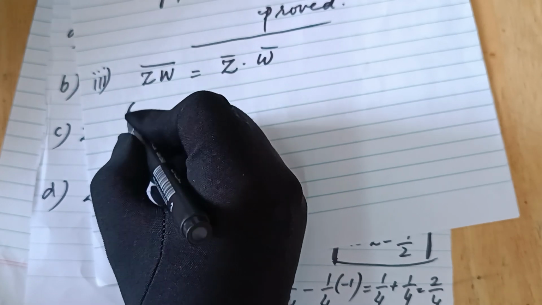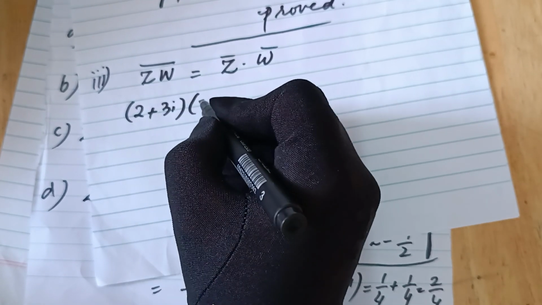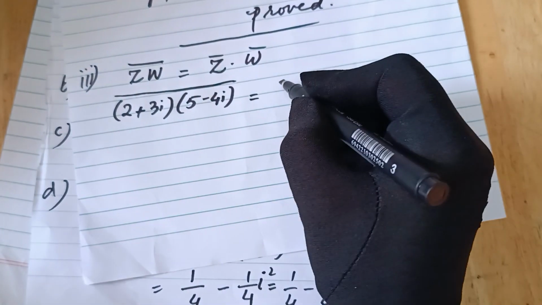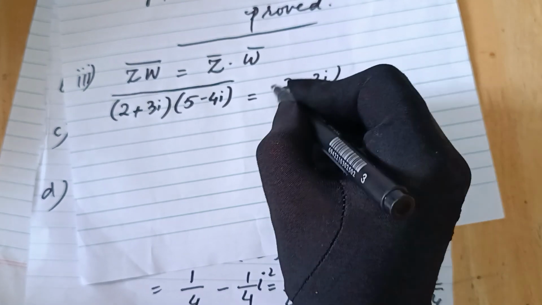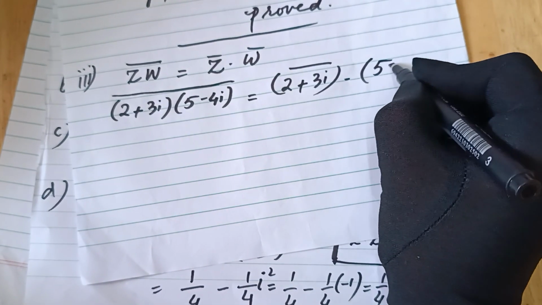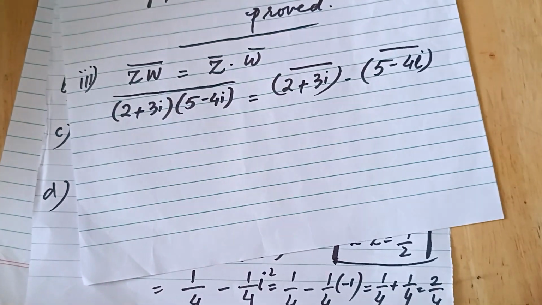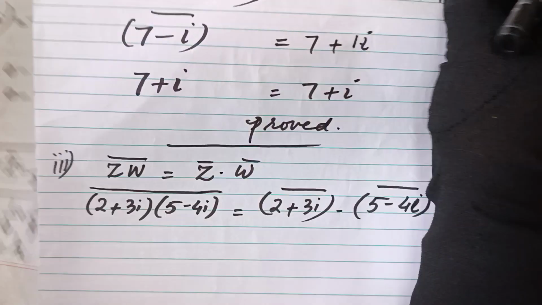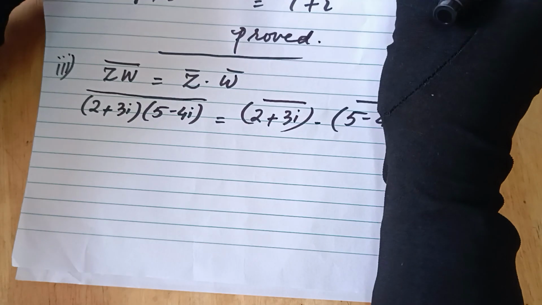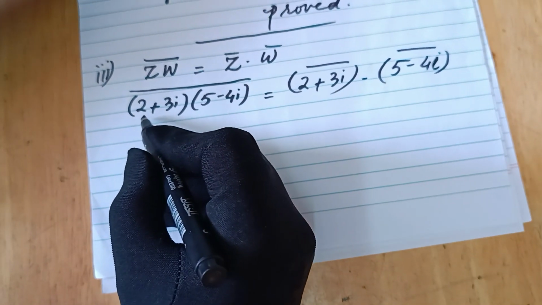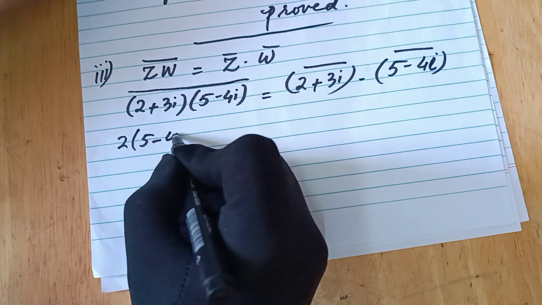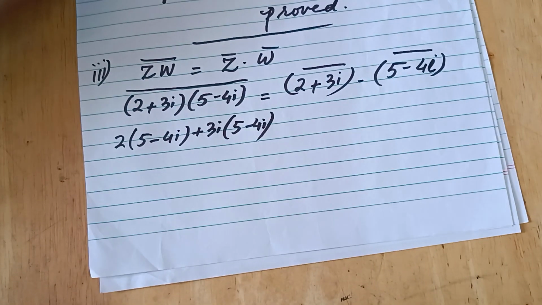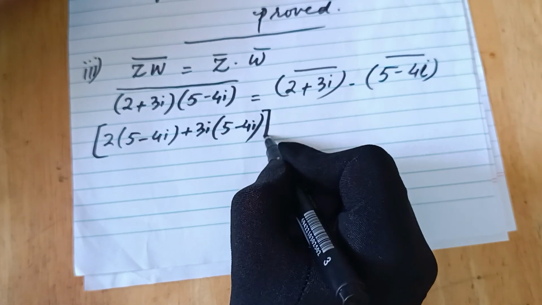Let's write Z again, 2 plus 3i, and W, 5 minus 4i, with the combined conjugate on the whole. We multiply these two numbers: 2 times (5 minus 4i) and 3i times (5 minus 4i). Then the whole conjugate stays there.